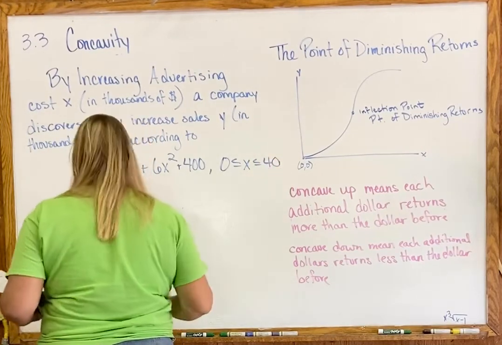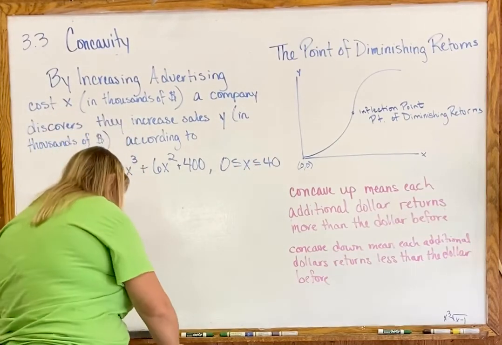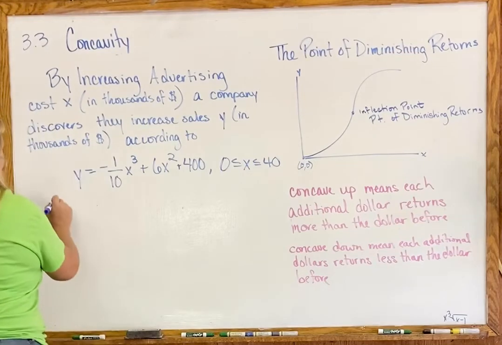Now remember, all of these numbers are in thousands, so that's 0 to 40,000, but we're just using it in that term right now. Okay, so then it says find the point of diminishing return.